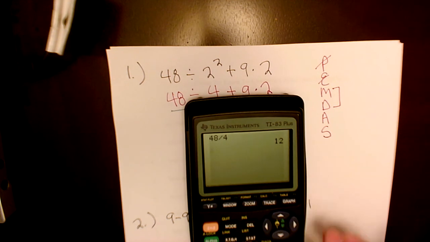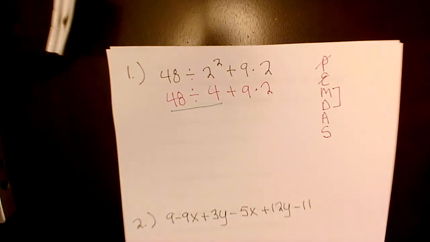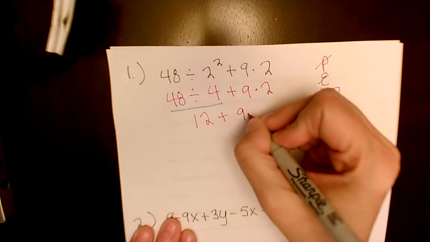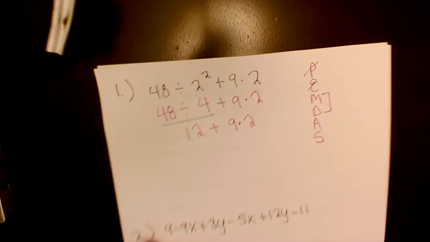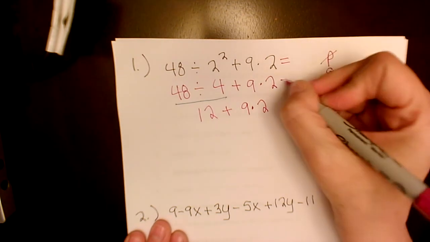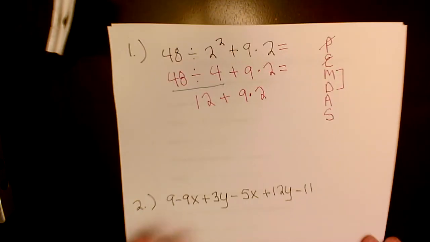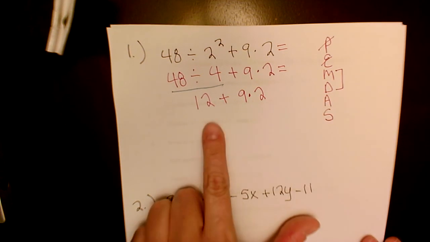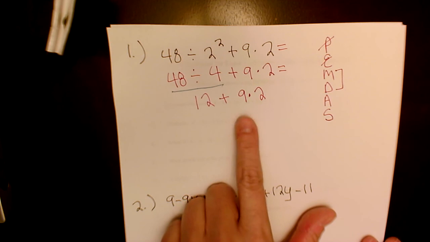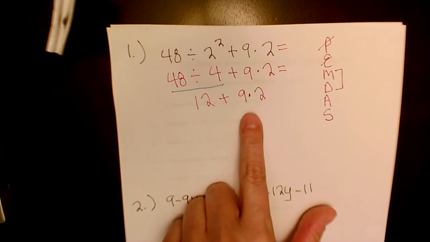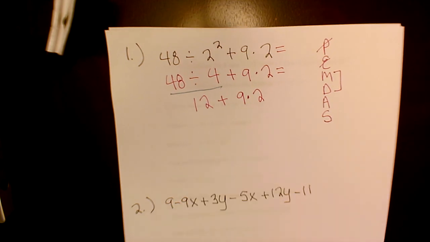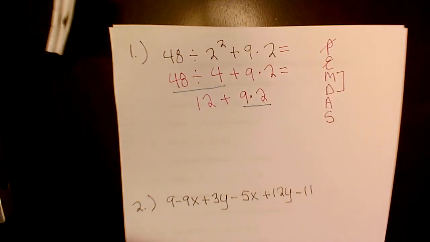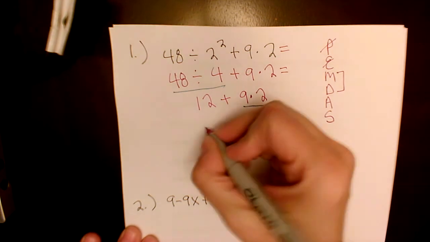Well, that's 12. Put some equals in there. And then I'm not done with M and D, so what comes next is multiply, so I'm going to do the 9 times the 2. And 9 times 2 is just 18.